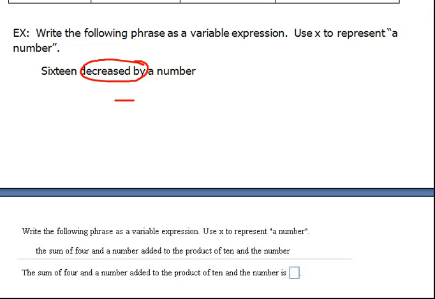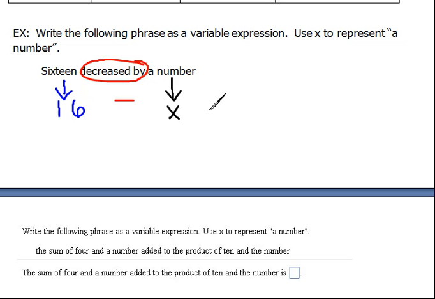You can only subtract two things at a time, so we have to figure out what two things we are subtracting. We're subtracting 16, which they told us, and a number. 16 decreased by, meaning subtract from it, some number.